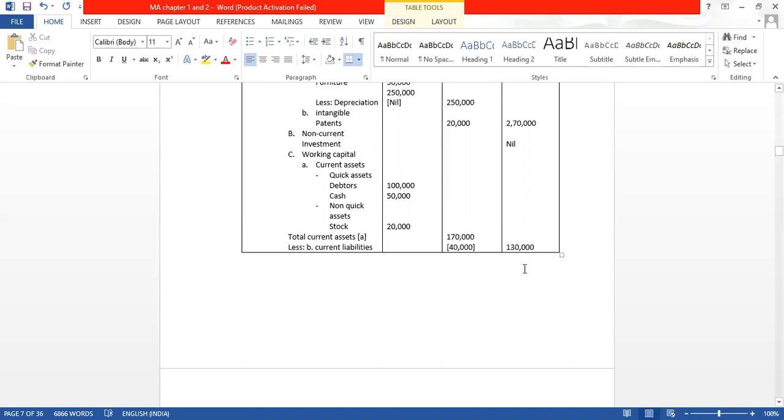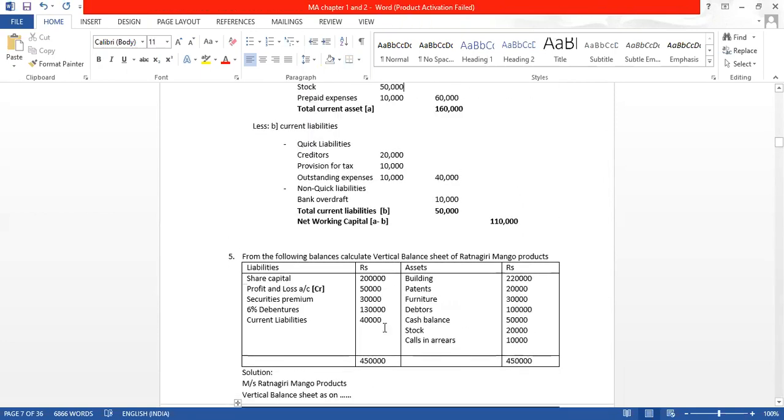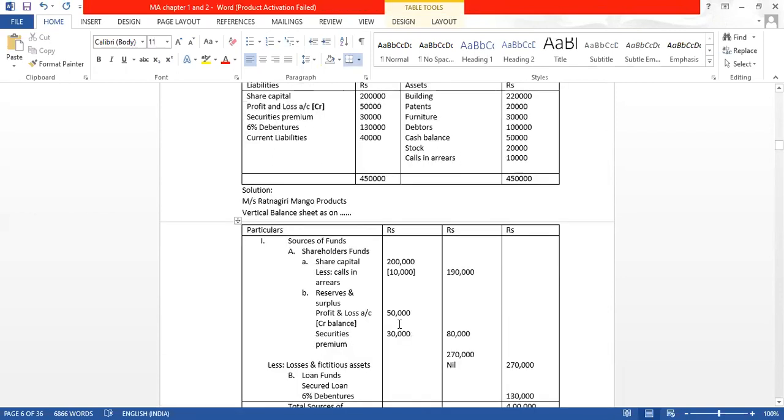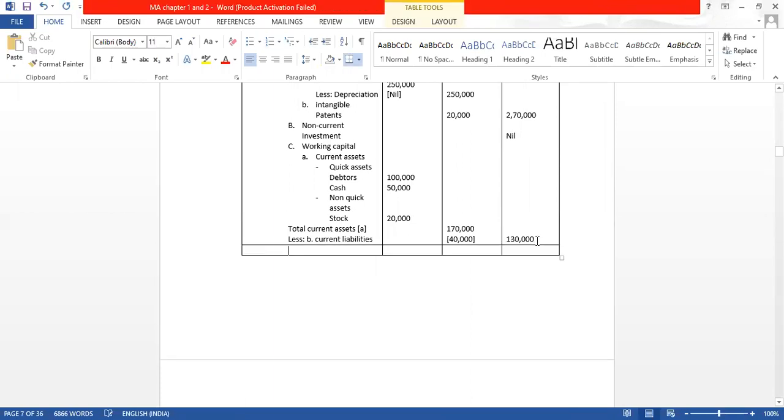So what had happened here? Debtor 1 lakh, cash 50,000 and stock is 20. When we add all three, 1,70,000. Current liability is directly given in the question, 40,000. So 1,70,000 minus 40, 1,30,000.